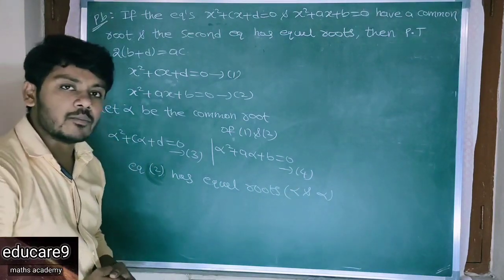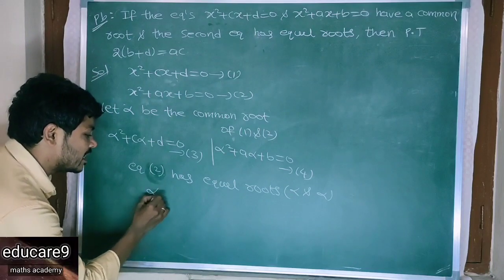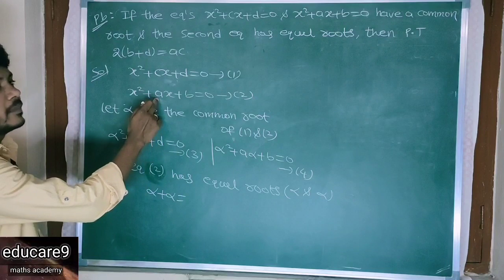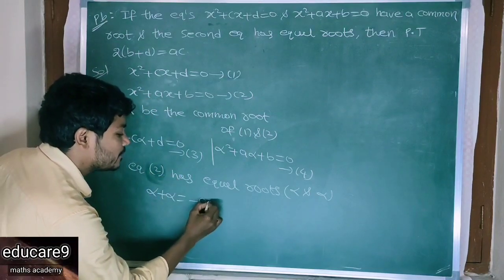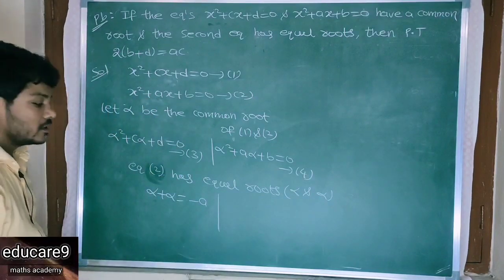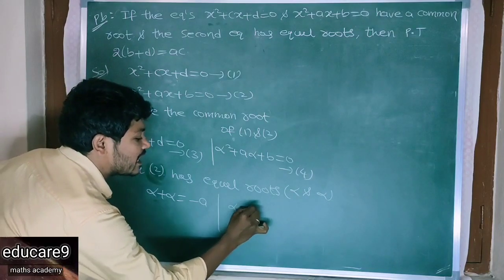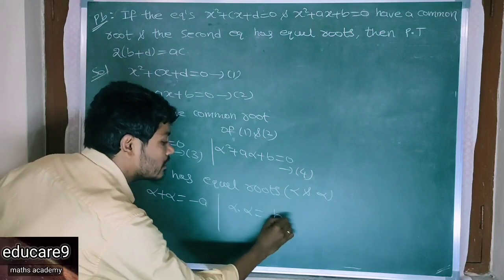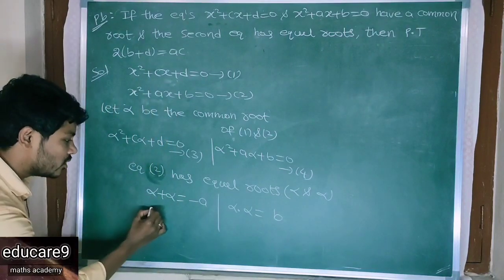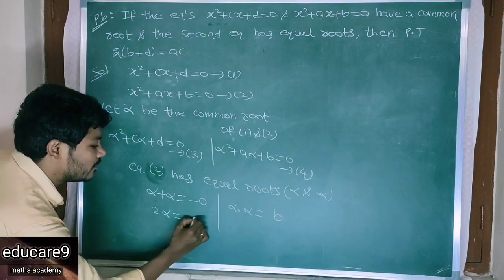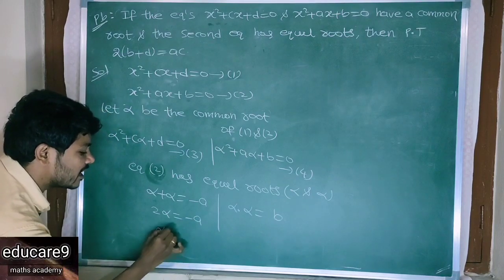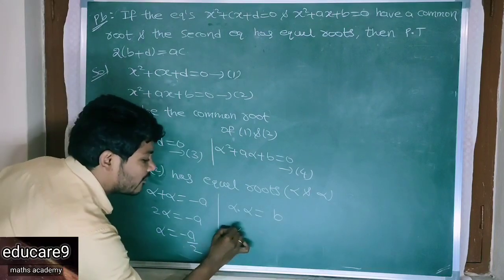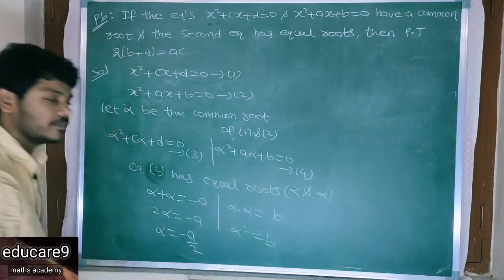Now find the sum of the roots, that is alpha plus alpha. So what is alpha plus alpha? Minus a. And the product of the roots, that is alpha into alpha. So what is alpha into alpha? b. See here, 2 alpha is equal to minus a. From this, alpha value is minus a by 2 and alpha square value is b.